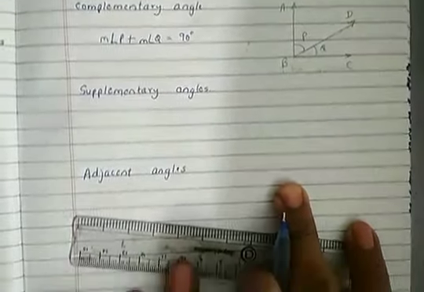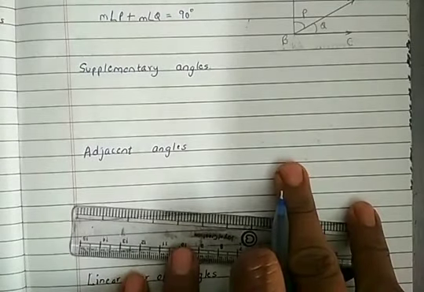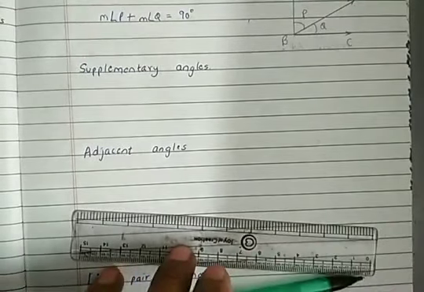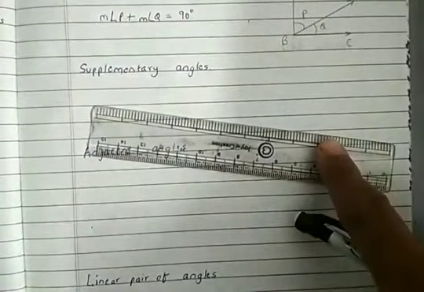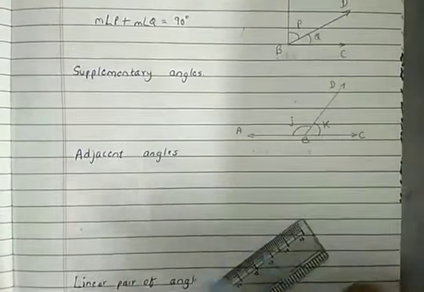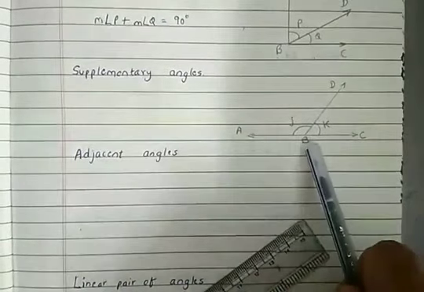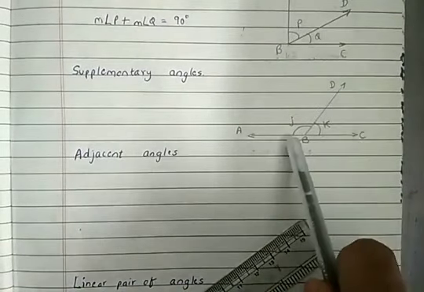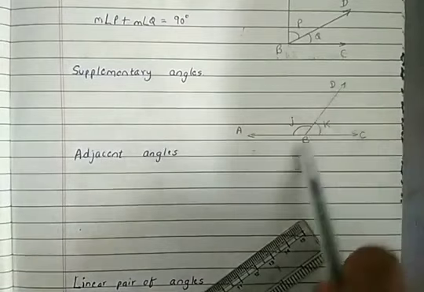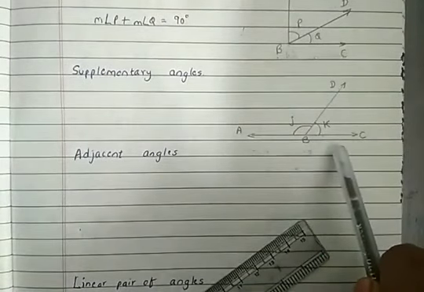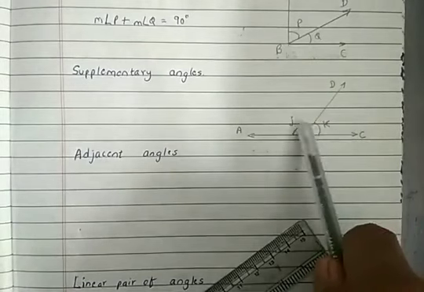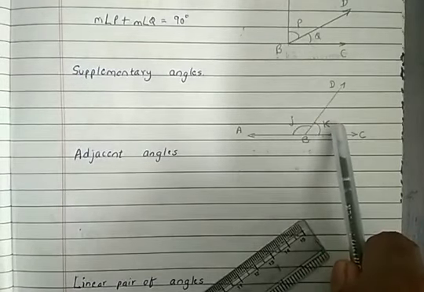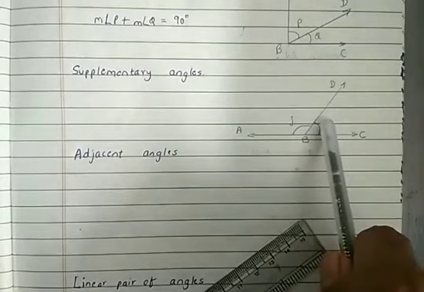Right? Now let's learn about supplementary angles. First let me draw it. Measure angle ABD is J degrees and measure angle DBC is K degrees. Now when you add these both angles J plus K, the sum will be equal to 180 degrees.